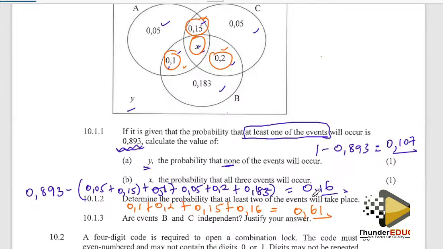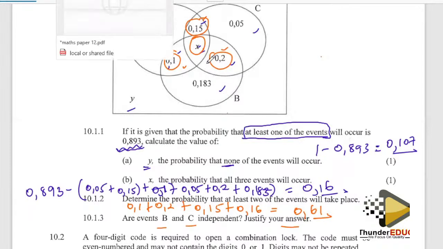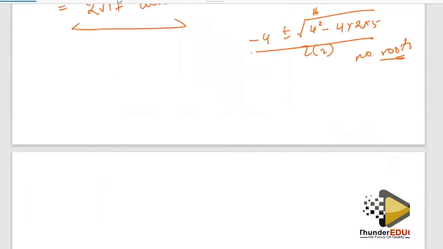And then 10.1.3, are the events B and C independent? Justify your answer. Okay. Events B and C independent. This is 10.1.3.